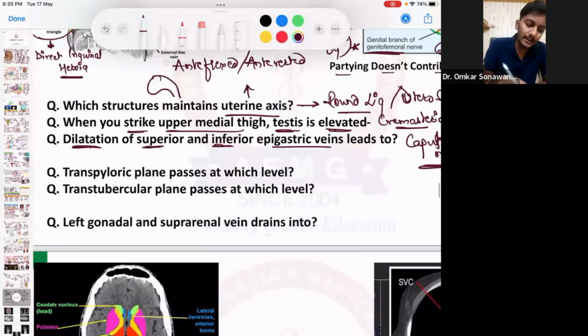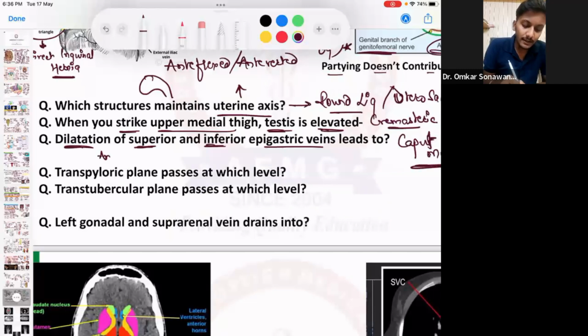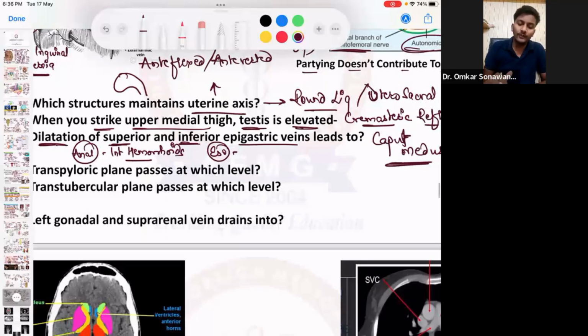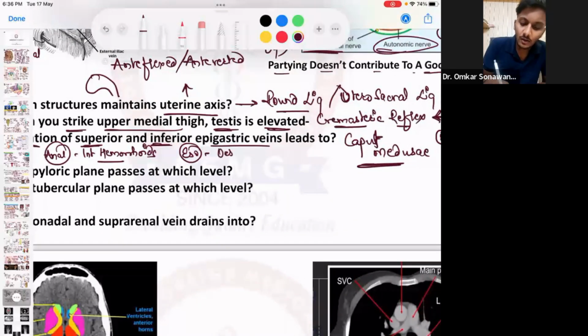It is also present in the anal canal, which causes internal hemorrhoids, and in the lower part of the esophagus, which causes esophageal varices.